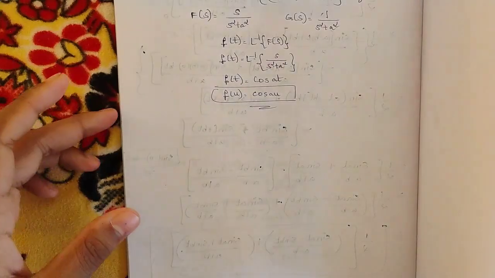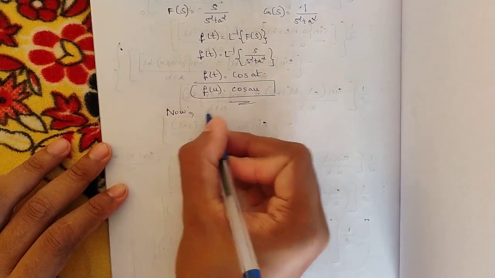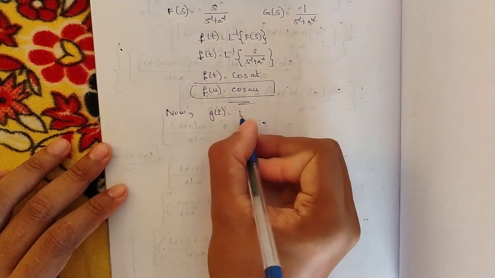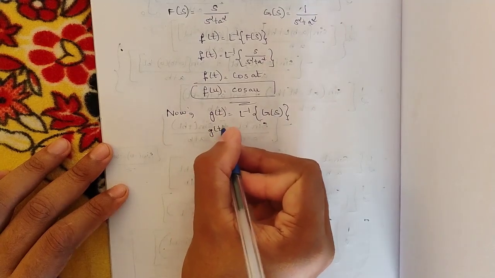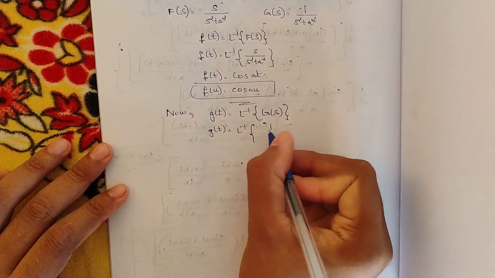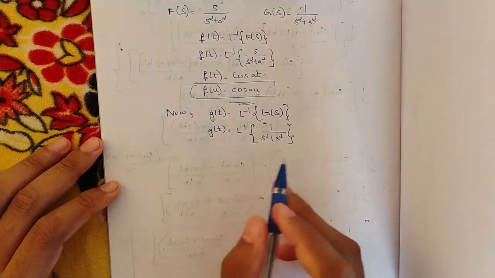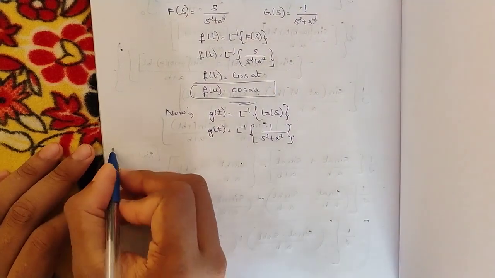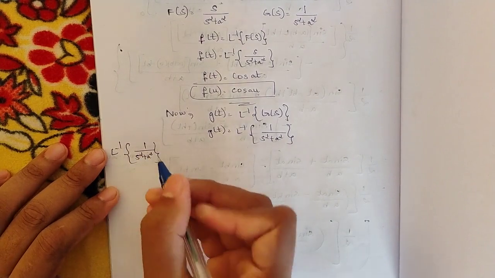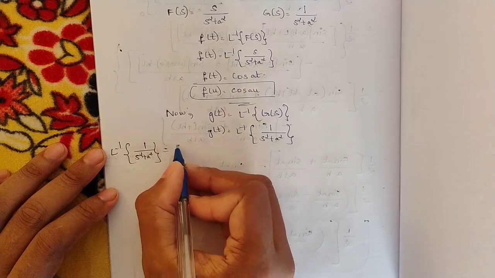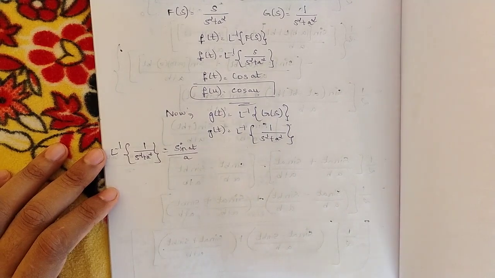So similarly g of t is L inverse of g of s, that is L inverse of 1 divided by s square plus a square. Okay, and if you check the identity here, L inverse of 1 divided by s square plus a square, we have discussed it in the first video, is equal to sin at divided by a, right?